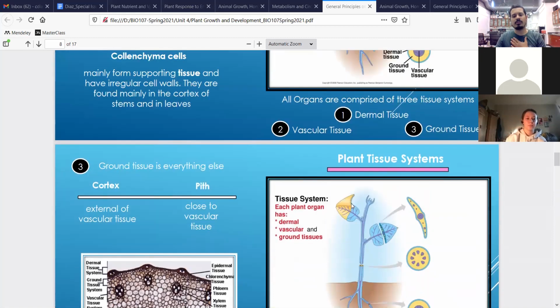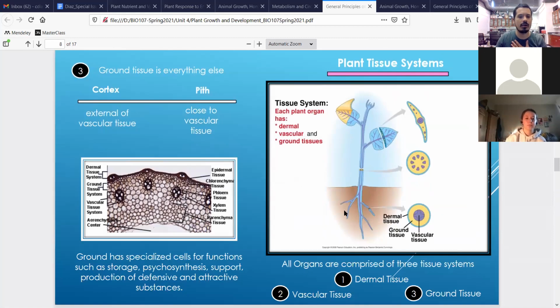Yeah, so the ground tissue is similar to our intracellular cells in the fact that what they do varies greatly depending on where they are, whether it's in the roots versus in the leaves.